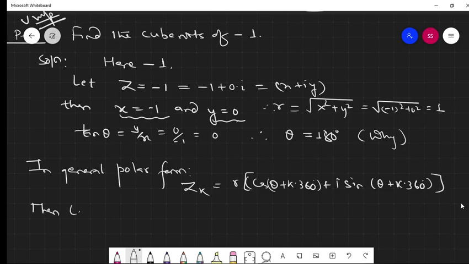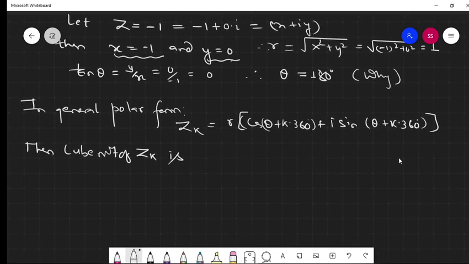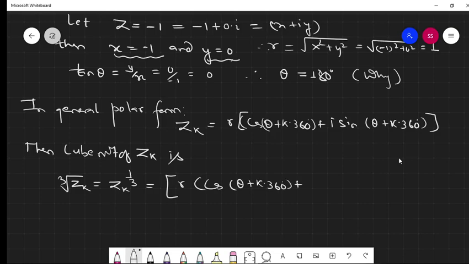Then we have to find the cube root of zk. That's why the cube root of zk equal zk to the power 1 by 3 equal r cos theta plus k times 360 degree plus i sin theta plus k times 360 degree, whole power 1 by 3.